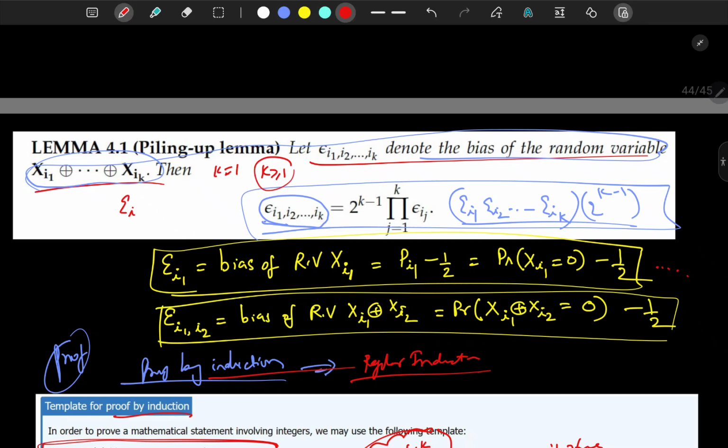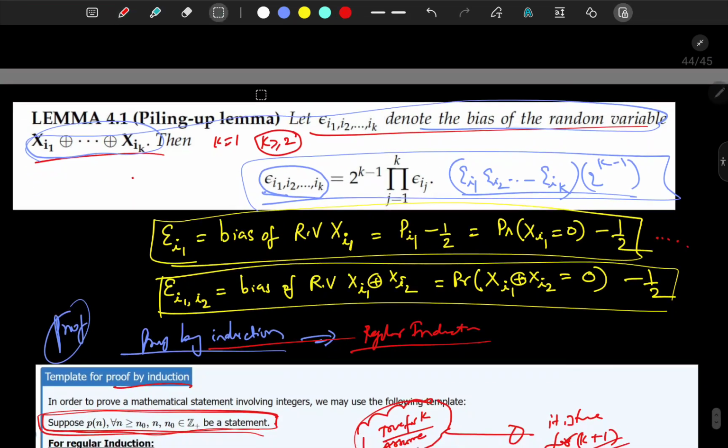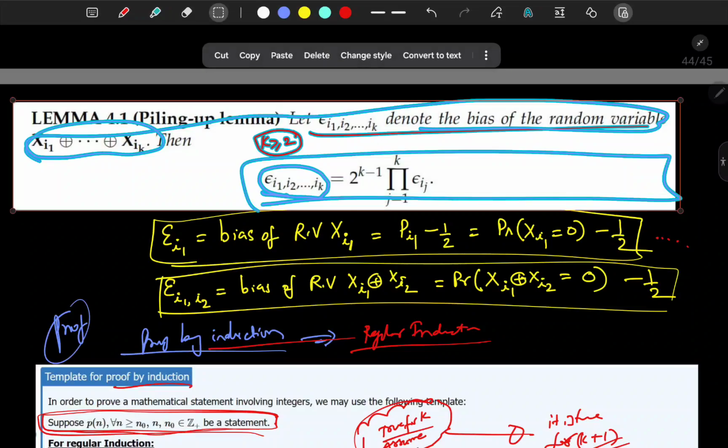It is nothing but only one variable, epsilon i1, xi 1, and what will you get? You will get nothing. So you will consider this statement is true for k greater than or equal to 1, whatever we have discussed, it is true.